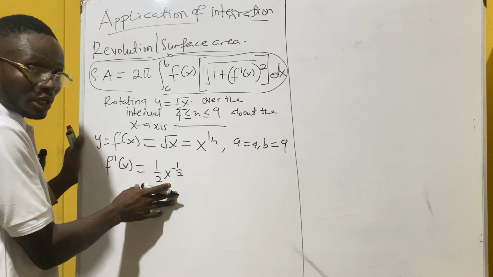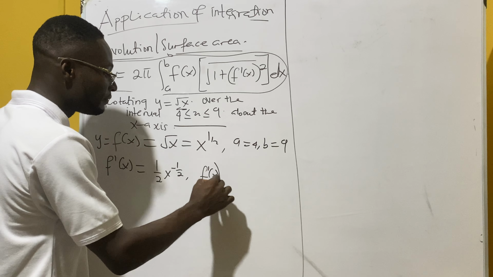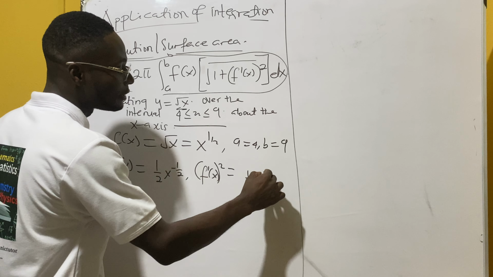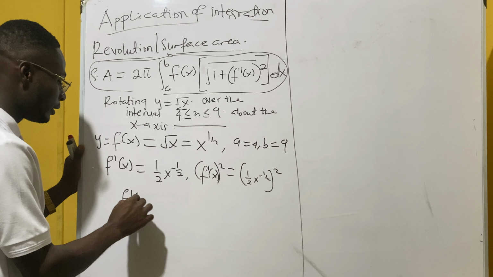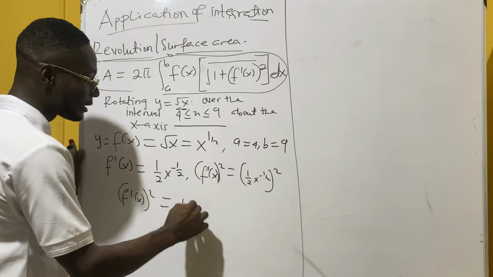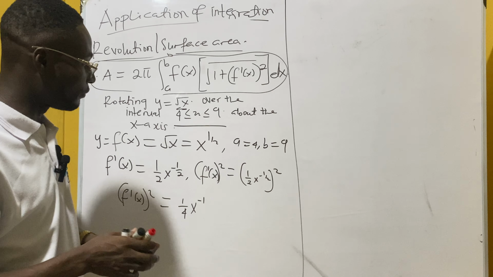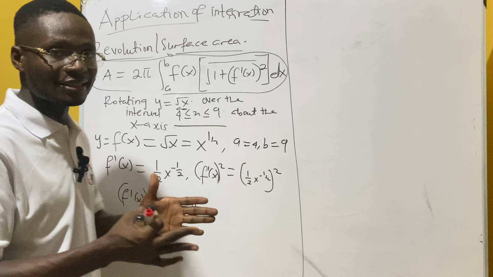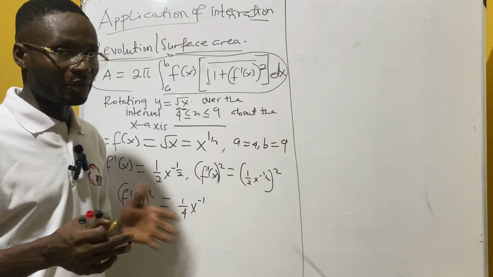Once we have the first derivative, the square of the first derivative is half x power negative half all squared, that is going to be 1 on 4 x power negative 1. Once we have this information, the rest is substitution and computations.